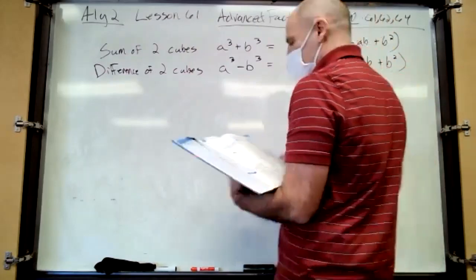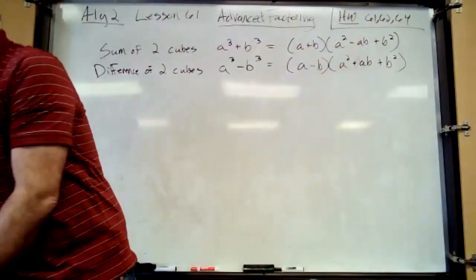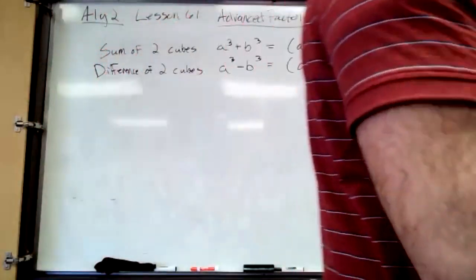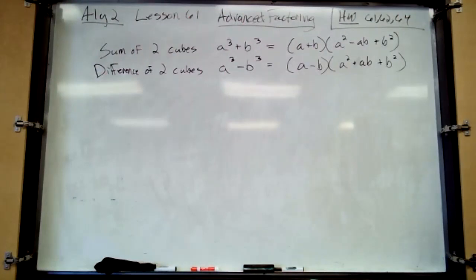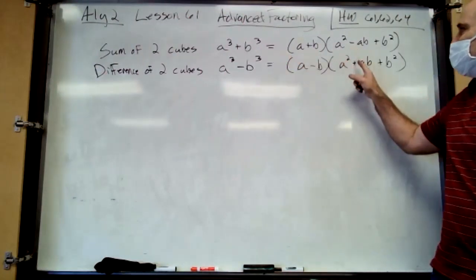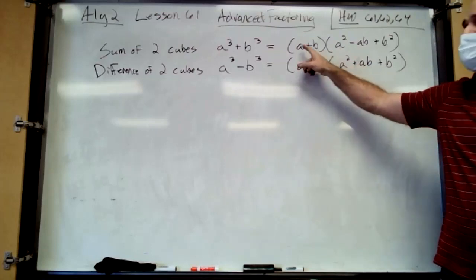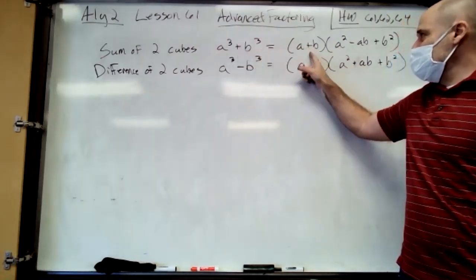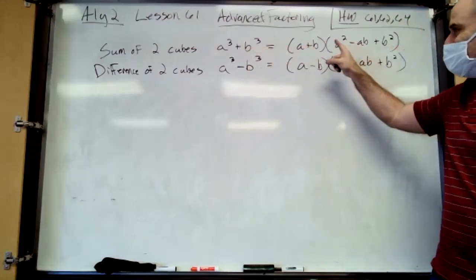The only difference between these 2 things, and we're going to do some examples not with a and b, but with actual cubes, is this sign right here and this sign right here. So this is going to be the same, and this is going to be the opposite.